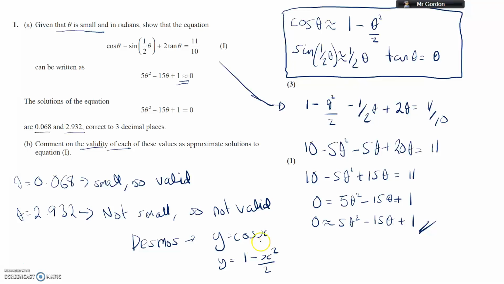The more you zoom in, the closer they get when they are around 0. So when they're around x equals 0, they're very, very close. That's why you can use them. But if you start to move away or zoom out, then they separate, and they're not as close the bigger the x value that you use. That's the idea anyway. Hopefully it's helpful.